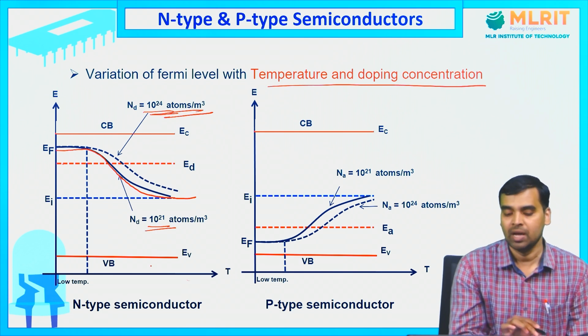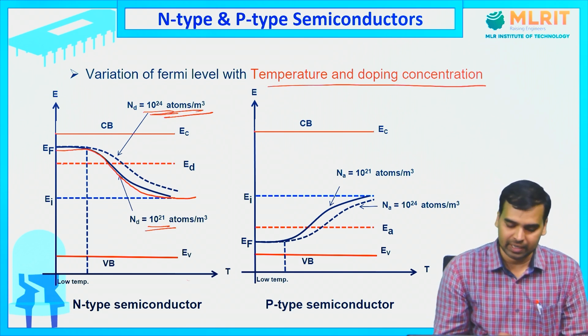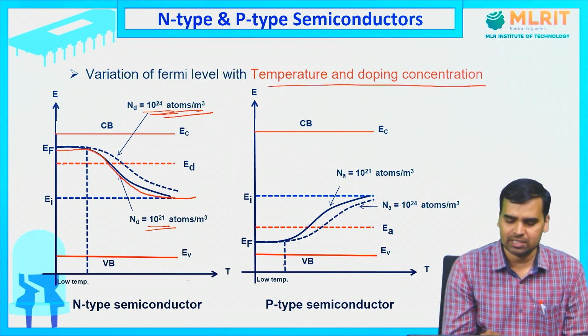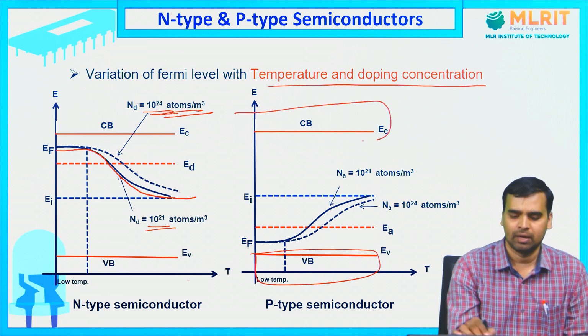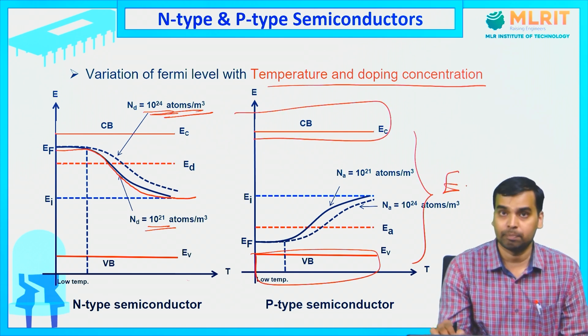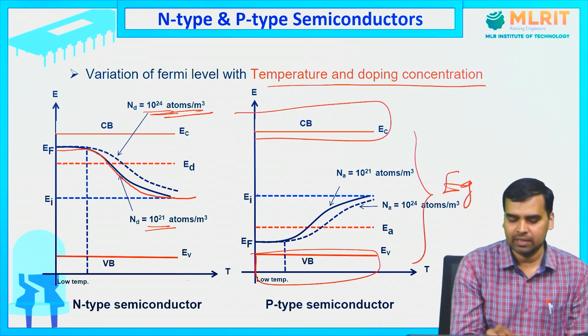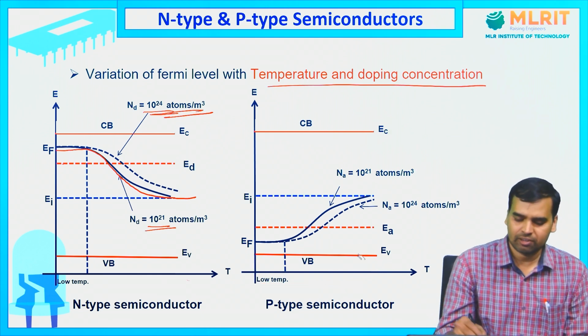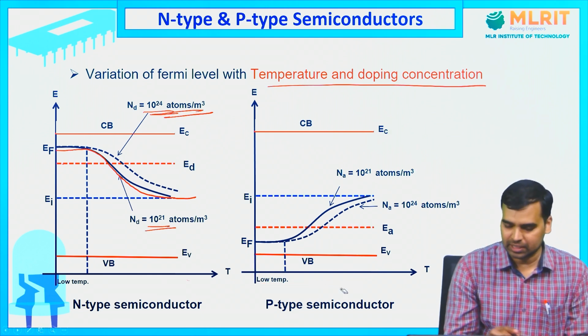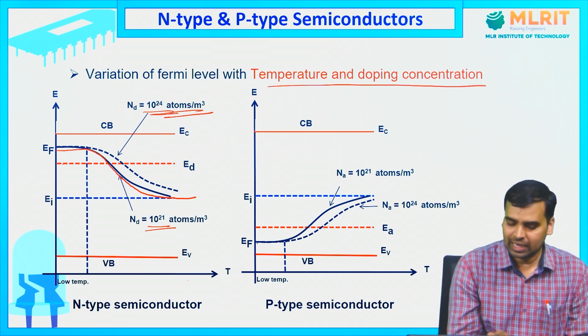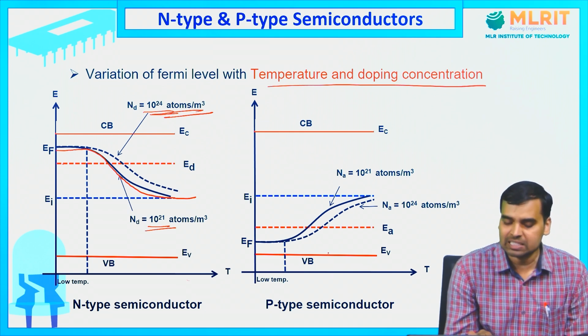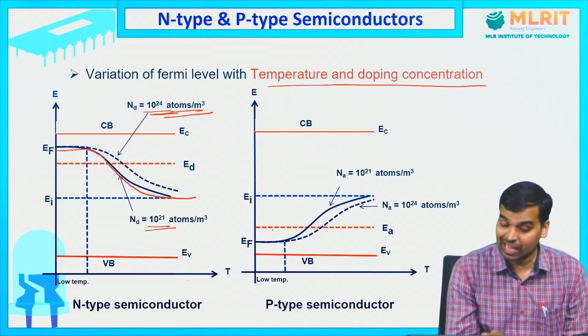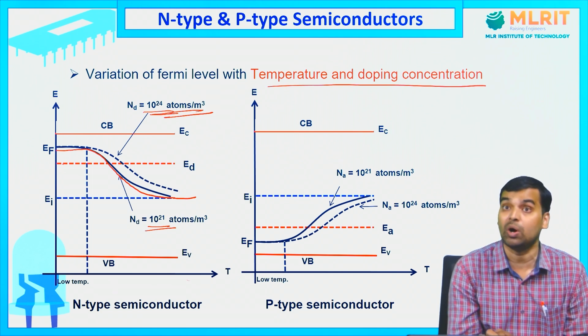I hope it's clear. Now when it comes to the p-type semiconductor, in the same way, this is the valency band and the conduction band, this is the forbidden band gap, and this is the intrinsic Fermi level. Now in the case of the p-type semiconductor, the Fermi level exists between the valency band and the acceptor level, because in the acceptor energy level there exist holes, not electrons.